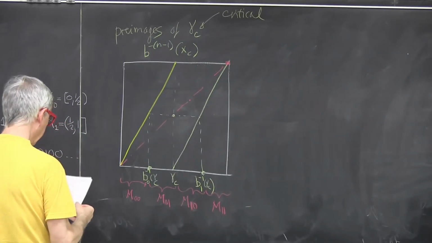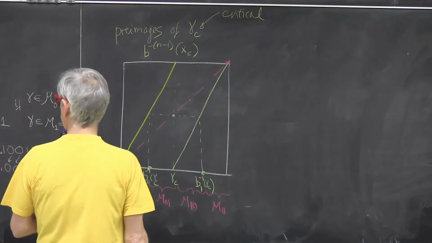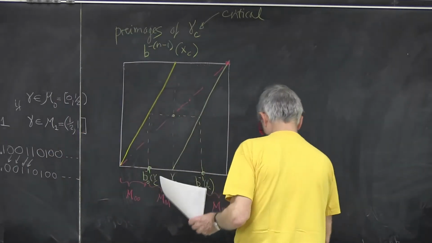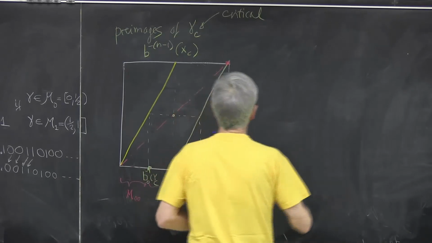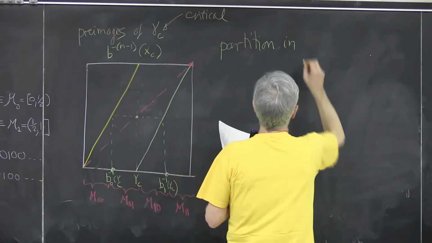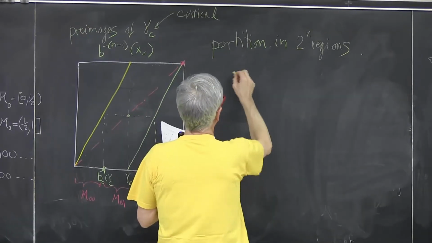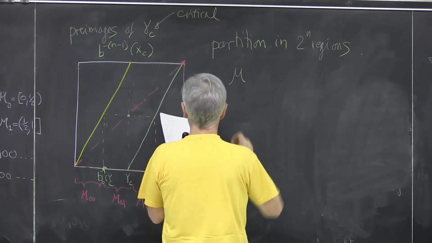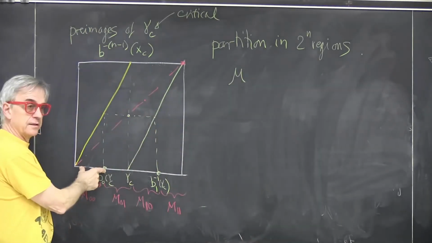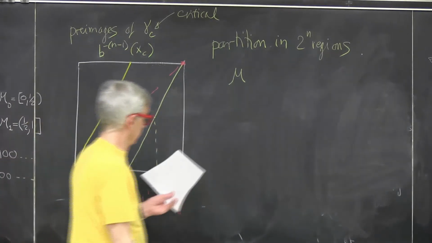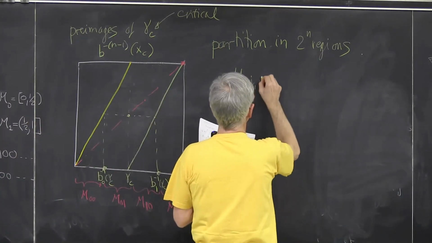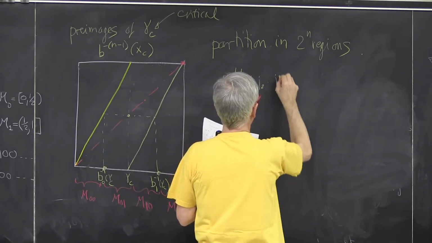So now we have everything. And one particular thing we can see we always obtain in a system like this is a partition in 2^n regions, where each region can be specified by the common future of the points in it. So let's call them symbols J1, J2 to Jn.